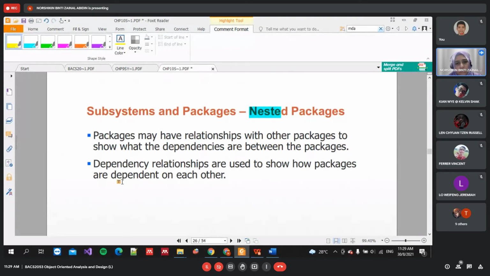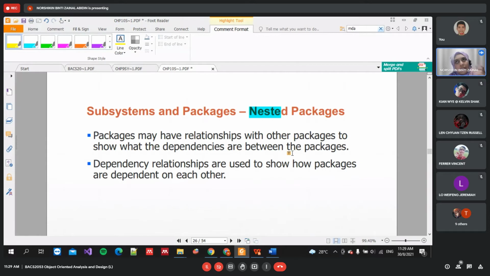So this one is only a concept. A package may have a relationship with another package, the association between package and package. To show that there are dependencies between the packages means they have an association.